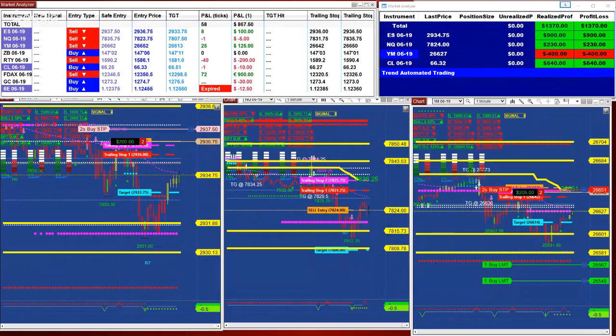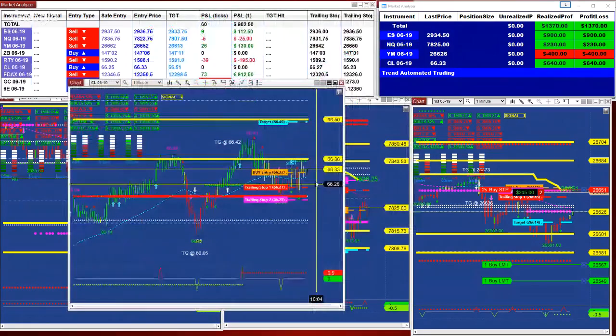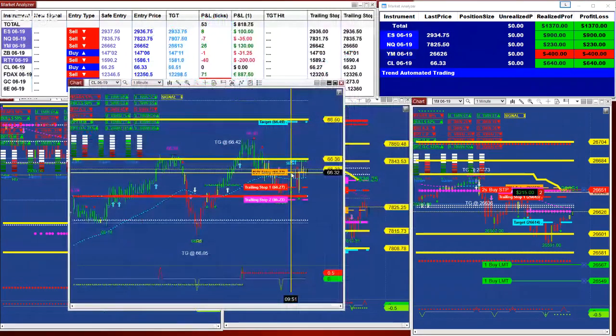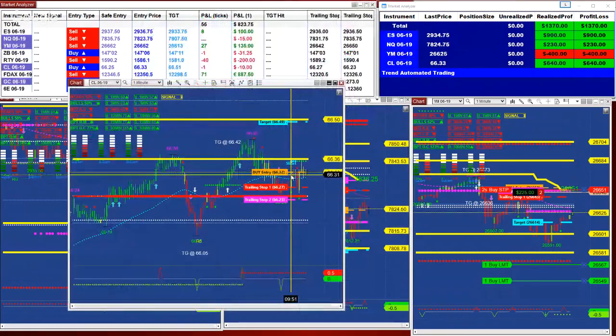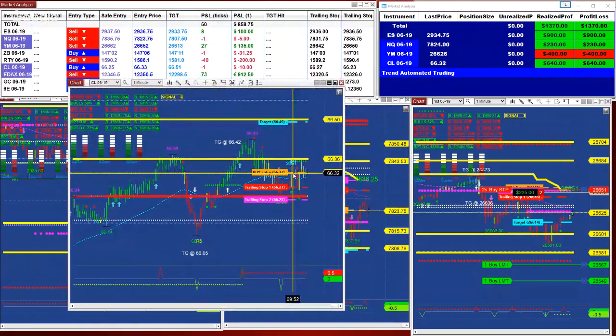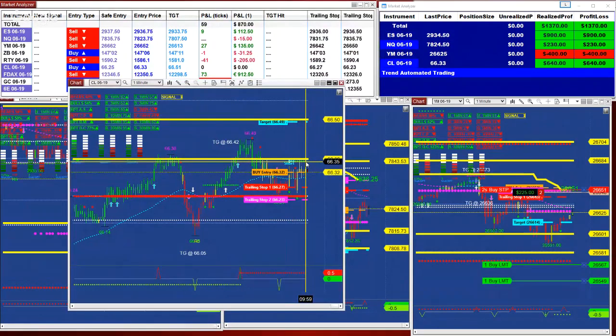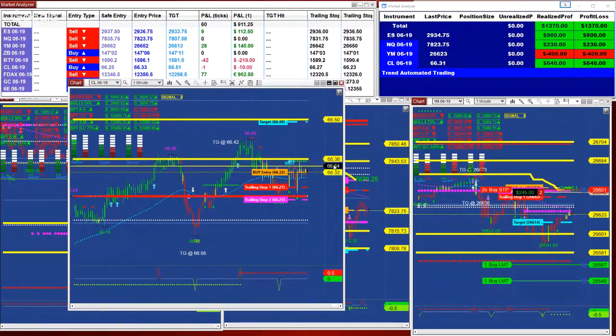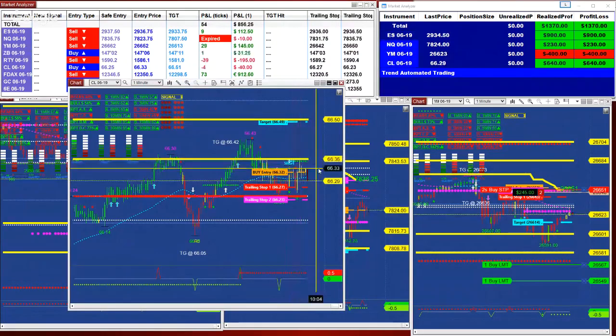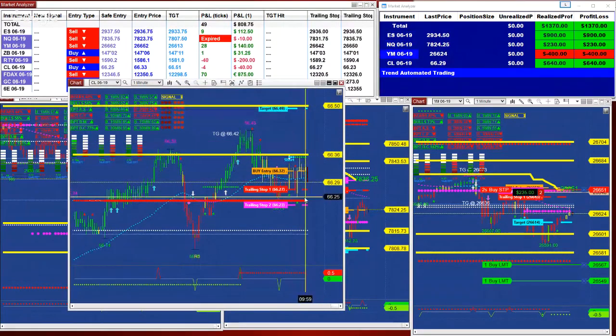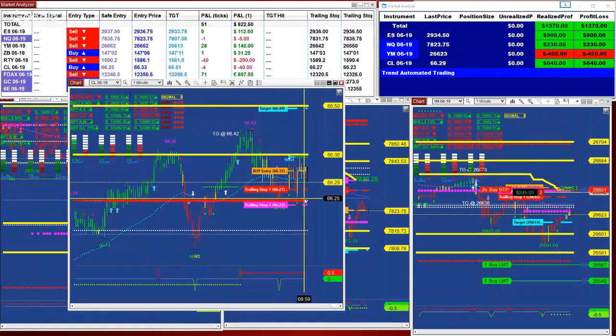I'm sorry, I didn't pay attention to the CL. For the CL trader, we have a buy entry right here, right now, 66.32. But I will not take it at 66.32 because we have a projection at 66.35. It came in exactly to your projection, and now it's pulling back to 66.25, which is a good re-entry point.